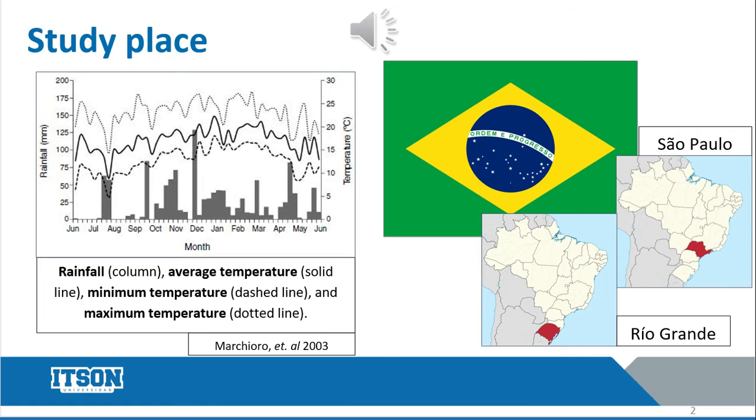And the hottest one, the dotted lines, can be seen at 27 degrees Celsius, which is a paradise for us. This data was extracted from a work of Marchioro and company in 2003, meaning that the data won't be the same as today, but it can be used to give us an idea about its abiotic factors at that time.